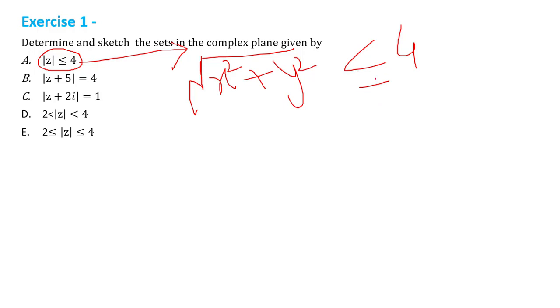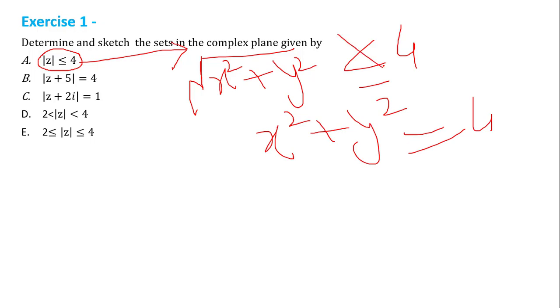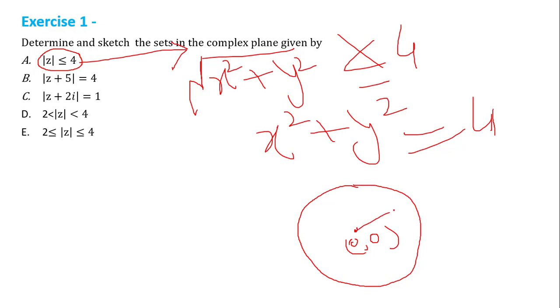If I drop the inequality sign, what will I get? x square plus y square equal to 16. So a circle with center 0, 0 and radius 4.